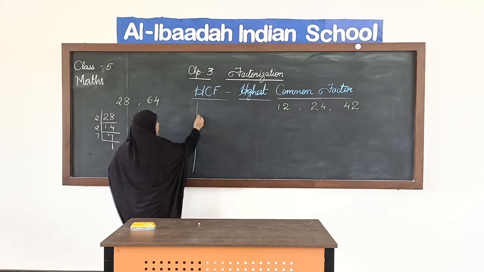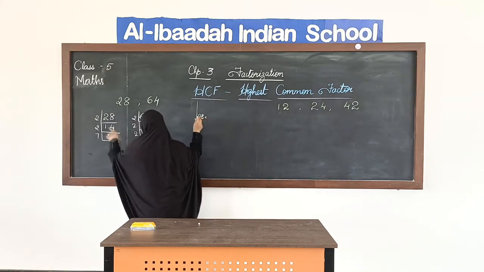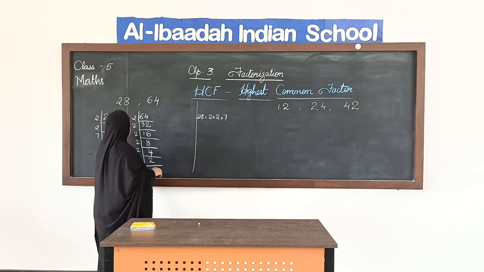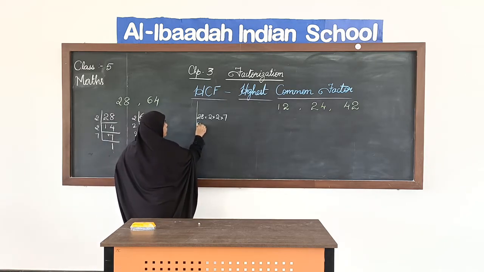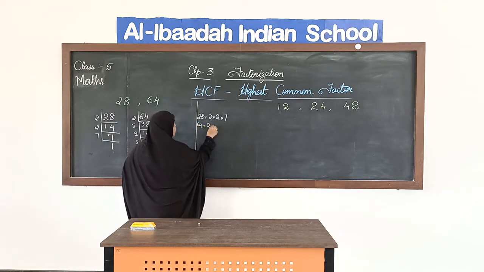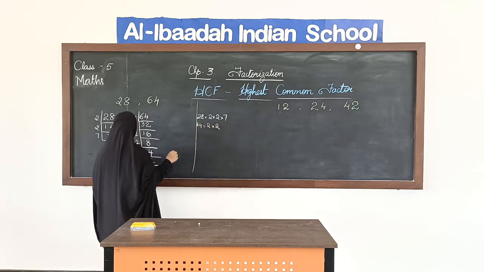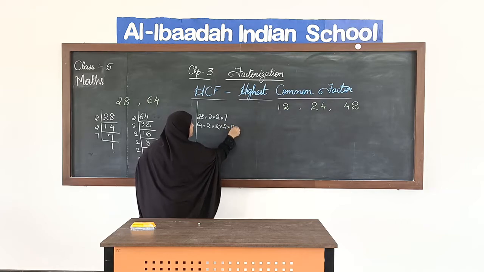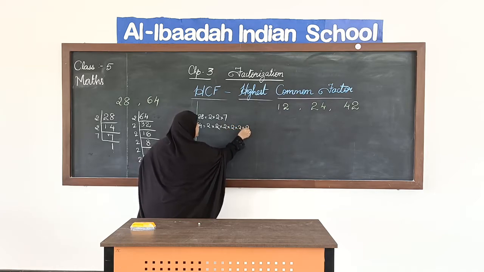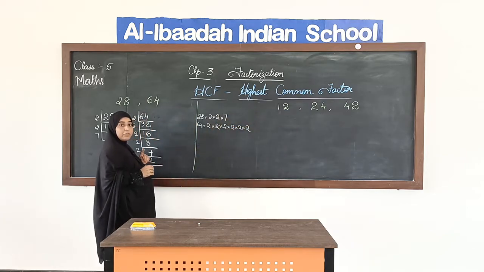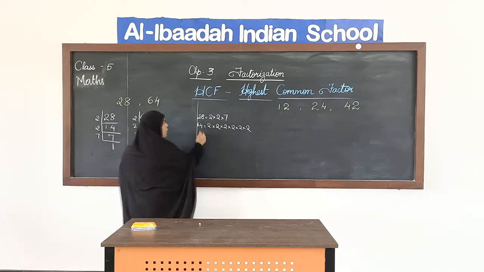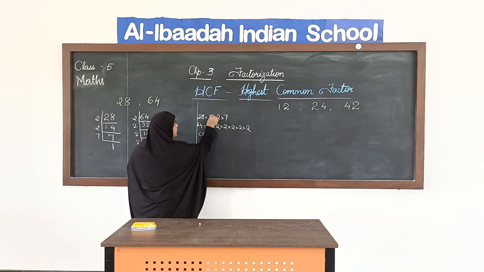For 28 we have got 2 into 2 into 7. Okay. And for 64 we have got 2 into 2, 6 times. 2, 4, 5 and 6. Okay. Now we will take only the common prime factors. So common prime factors, which are they?